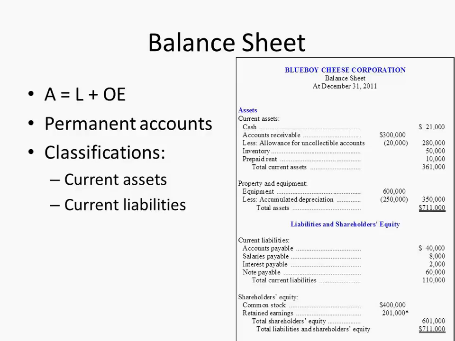Some people show things just net of tax. Some people will show this minus the tax effect and then show the balance. They could just as easily have said accounts receivable, net, 280. See what I mean? It just depends upon how they choose to present it. Okay? But that's a really good question. I'm glad you asked that.